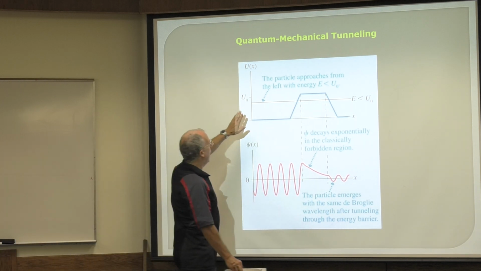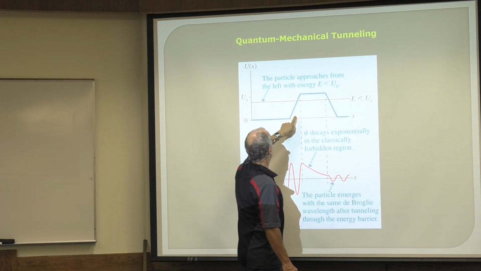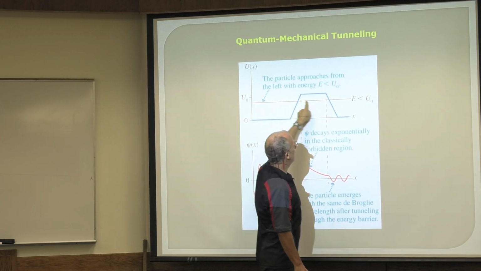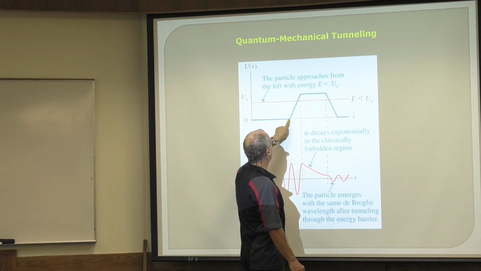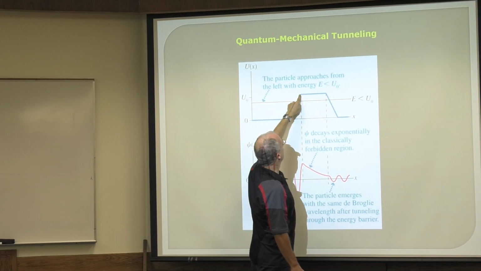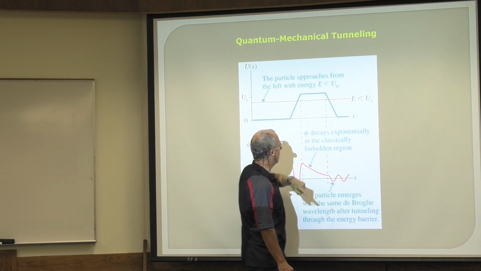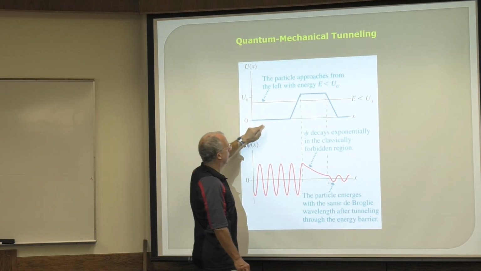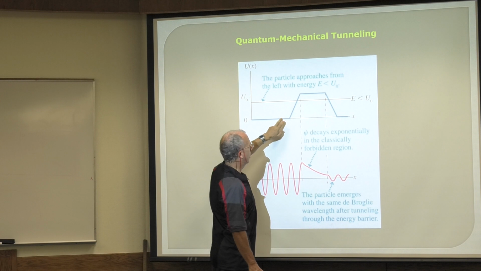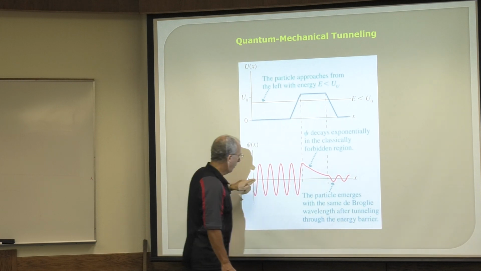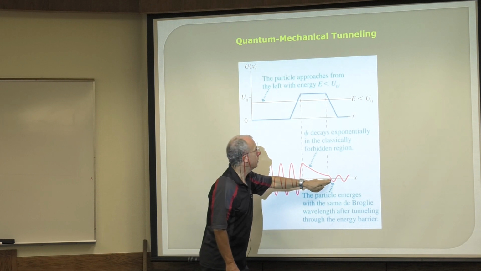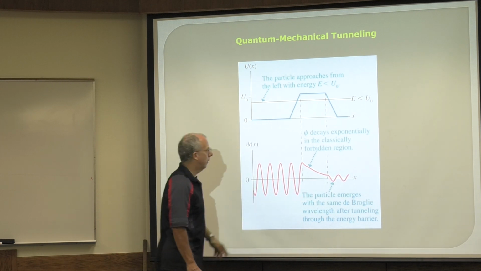All right, so here is the energy of the particle. Here is what we call the potential energy here. And we know that quantum mechanically the wave function will penetrate into this forbidden region, right? Okay, so let's do it.